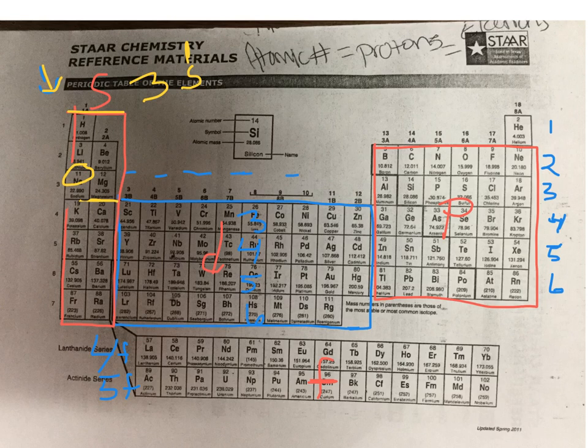Where's iron? Iron is right here. So what's my stopping point? 4. Look again. Remember that these are 1 less than the outside period. What's my row number? 3. Very good. And what's my section?